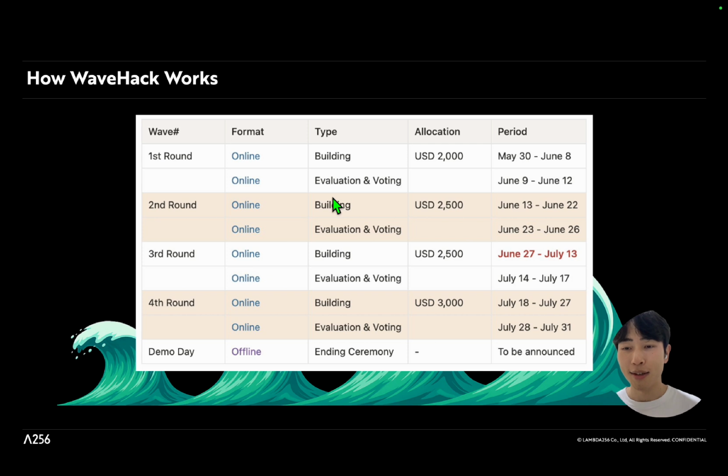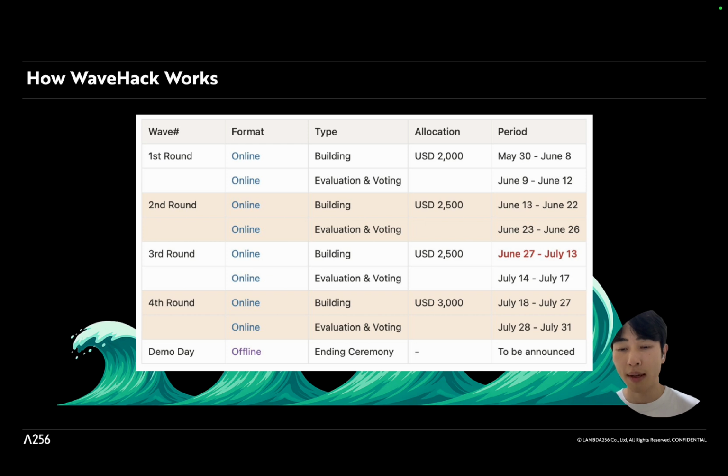So here's how Wave GG works. Instead of just one big submission at the end, Wave GG is structured into multiple short waves over the 2 months. Each wave gives you a chance to build, submit, and improve. So you don't need to get it perfect right away.